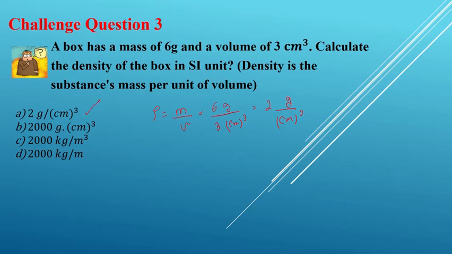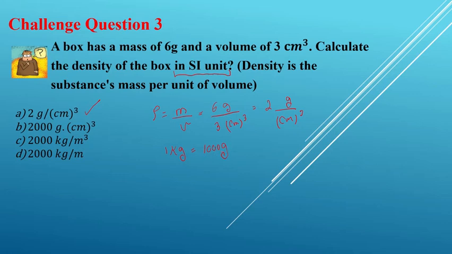No. Why not? Because look, the problem asks for the SI unit, right? So the mass unit in SI is going to be kilograms and the length is meter. So here I have to do the conversion. How am I going to do that? We already know 1 kilogram is equal to 1000 grams.